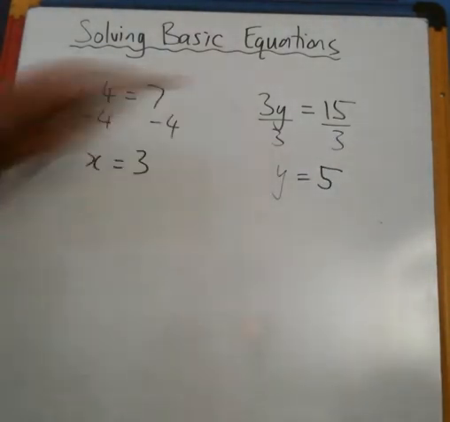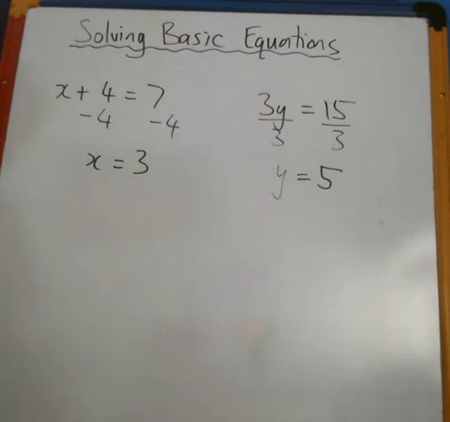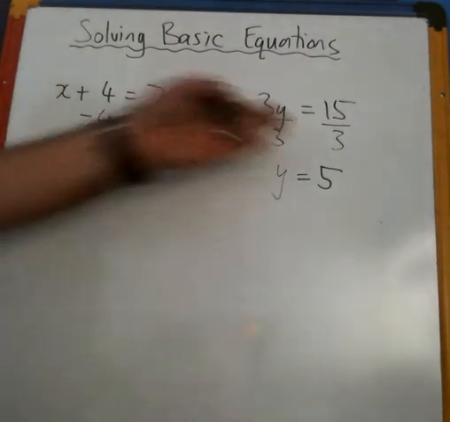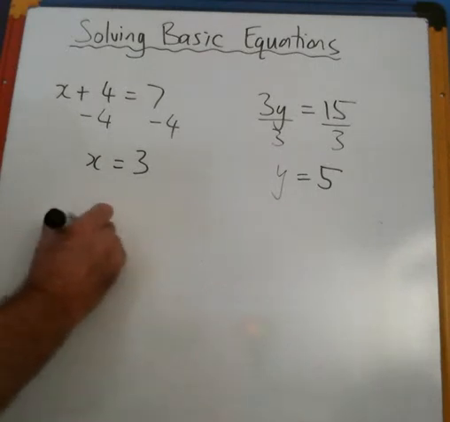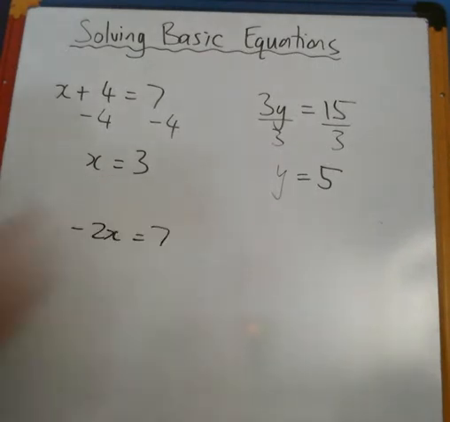Now this method is particularly important when you get numbers that are a little bit more awkward. 3 goes into 15 and that's fine. But if you get something like this here, how do we deal with that? 2 doesn't go into 7.